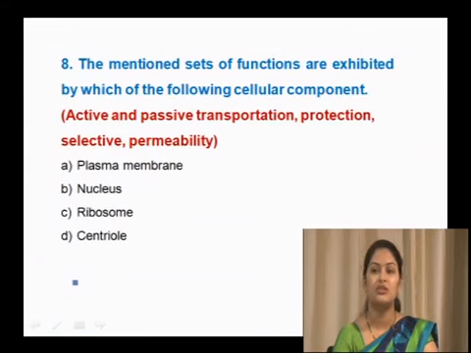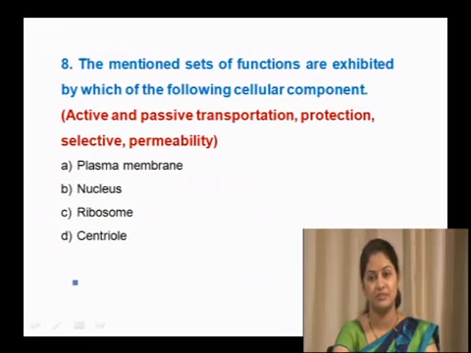The mentioned set of functions are exhibited by which of the following cellular components? The functions are listed in the bracket: active and passive transportation, protection, and selective permeability.